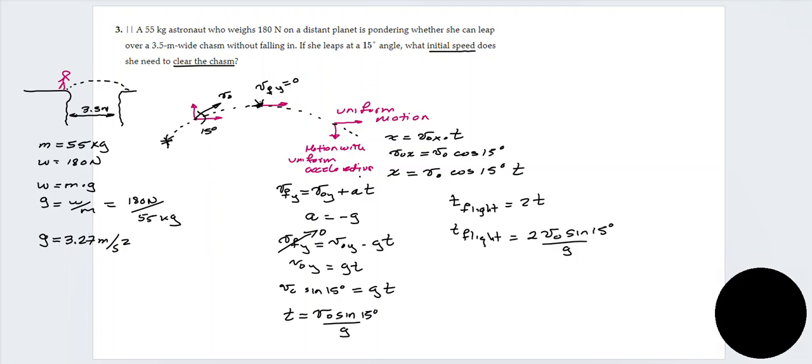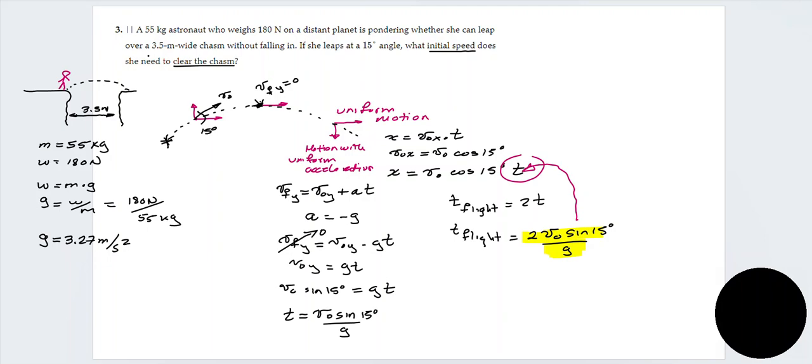This is the time that we need to plug in here, right? This time is common for the horizontal motion and for the vertical motion, for the horizontal component and for the vertical component of the motion. So I will replace this t by the time of flight.